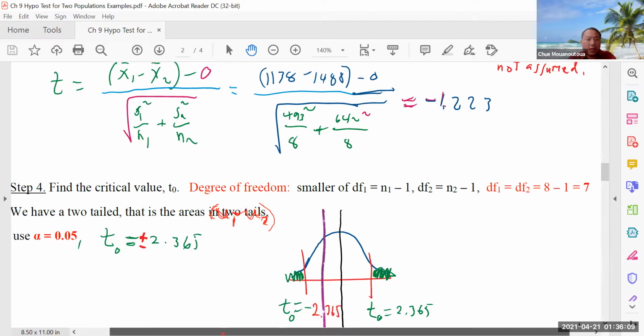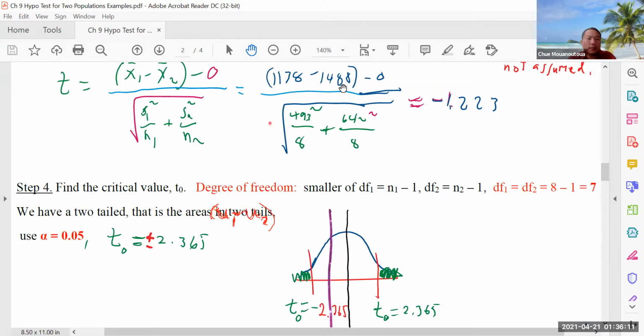We're going to use t sub 0 for the critical value, so that it is separate from the t for the test statistic. The critical value is based on alpha.